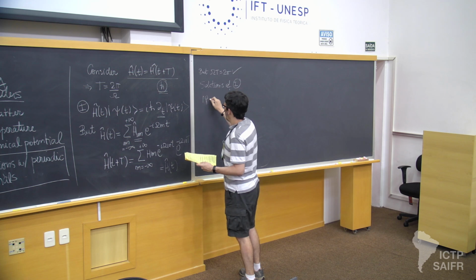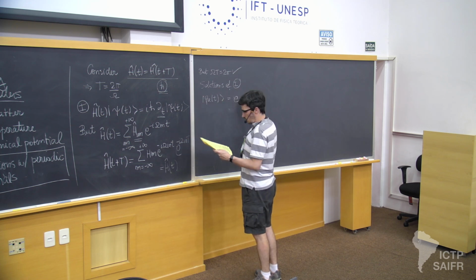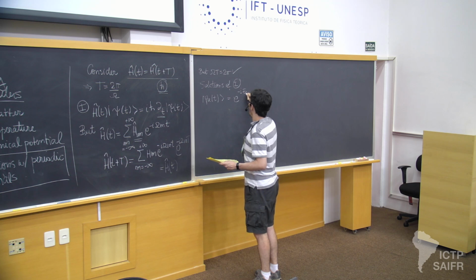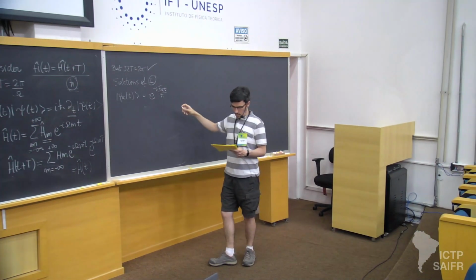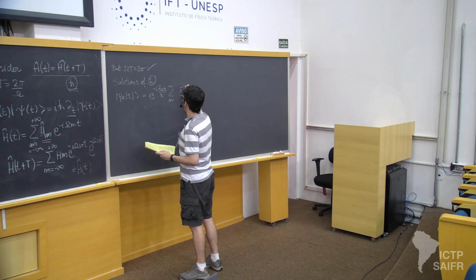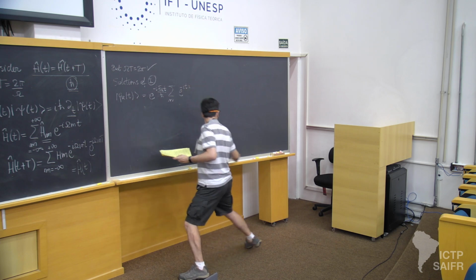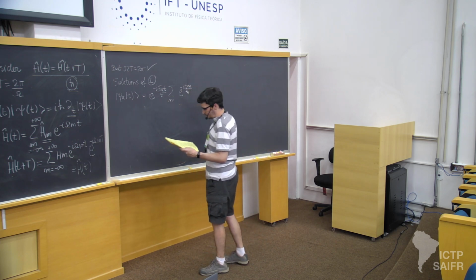Okay, phi a of t, let me just write it down and then we check. Phi a of t is e to the minus i energy times t divided by h bar, sum over n, e to the minus i omega t n, phi a of n, okay?